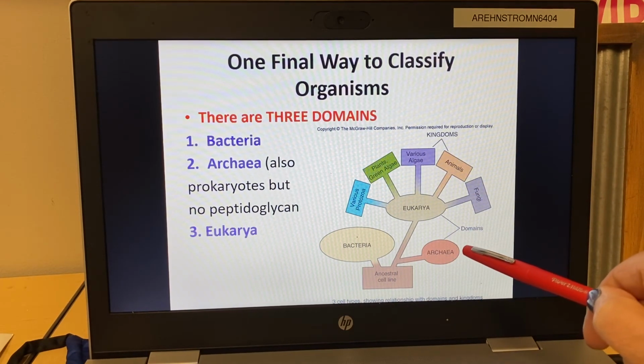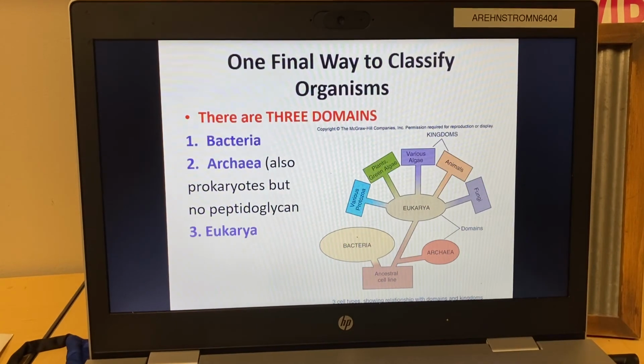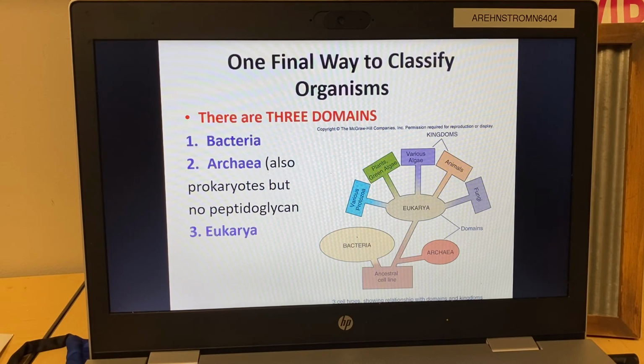These aren't ones that we're going to talk about in this class, even though they are prokaryotic. They look like bacteria, but these guys tend to grow in really extreme environments, like volcanoes and polar ice caps. I think of them kind of like crazy bacteria. We don't see them growing in humans and causing infection.